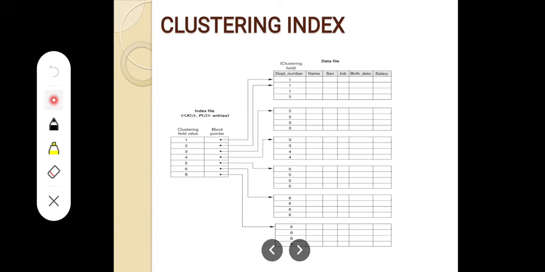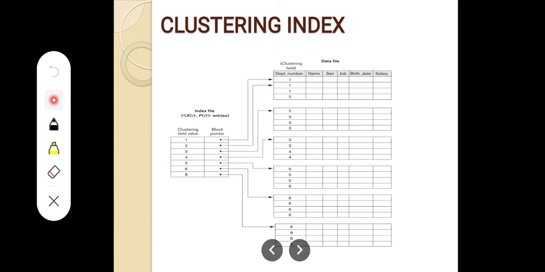Now we will talk about the index field. As in the primary index architecture, the index field has two fields. The first is the clustering field value, and the second is the block pointer, which points to the corresponding blocks.